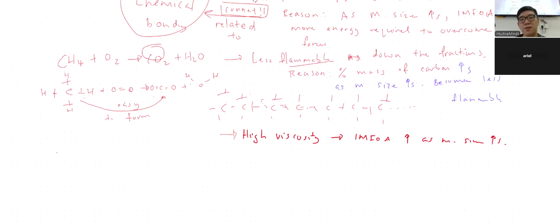Are you familiar with the word viscosity? Can you name anything around you, in the kitchen or something you're familiar with, that is a viscous fluid?